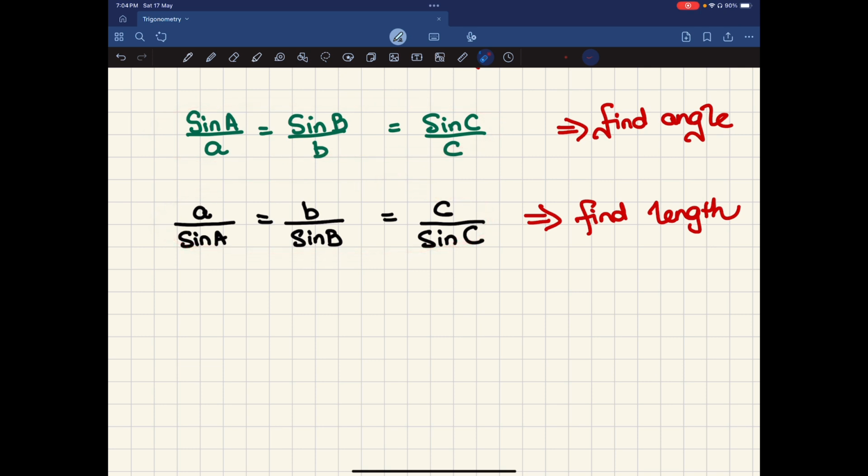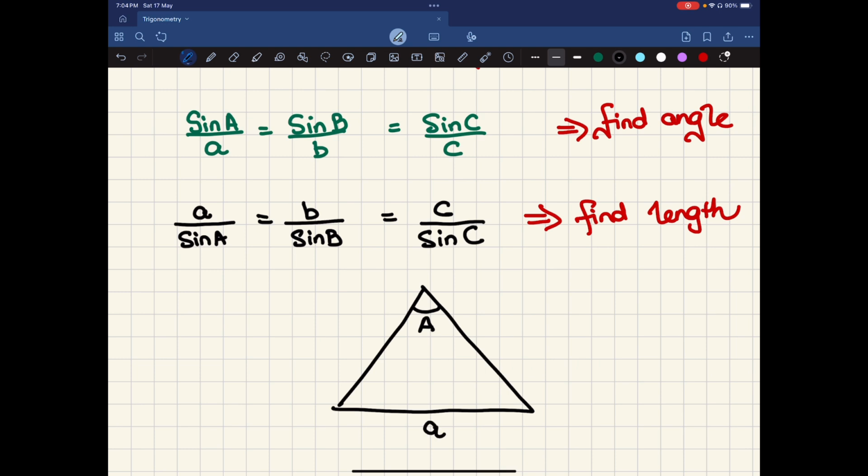Okay, and how is this applied? Let me draw the angle. So this is angle A, and what is the partner length for angle A? It is a, lowercase a. This is angle B, and what is the partner's length or side?